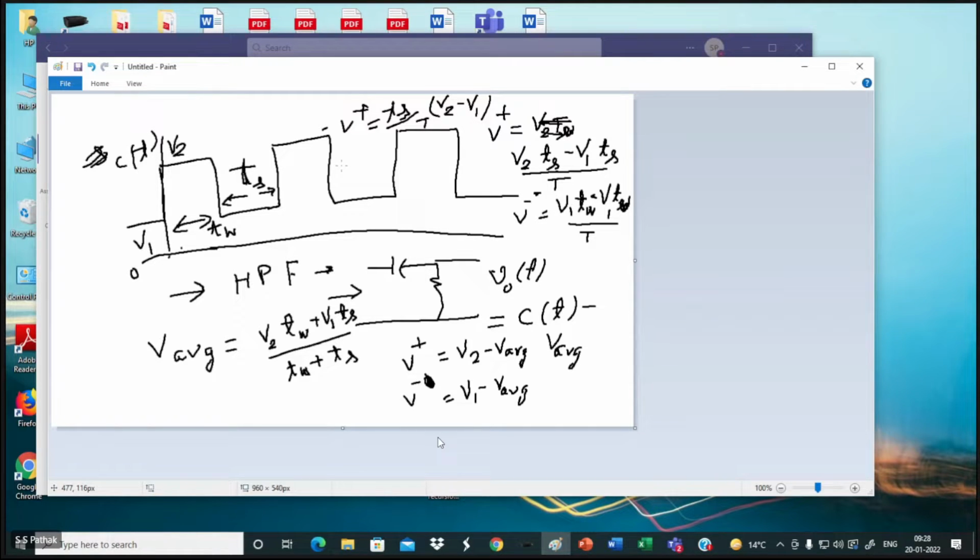And V minus I'm getting as TW by T into V1 minus V2. Accordingly, positive and negative: V1 is smaller than V2, so it will be a negative voltage here and a positive voltage here. So it will be fluctuating between the positive value and the negative value.